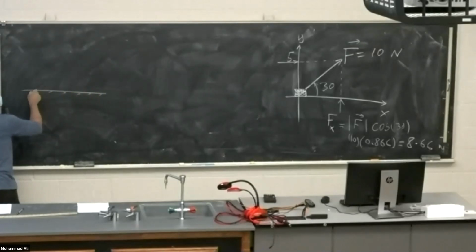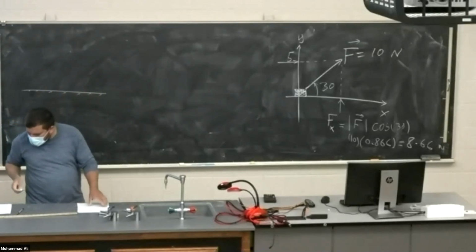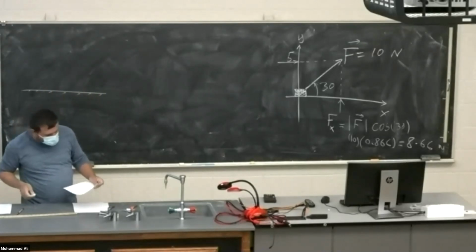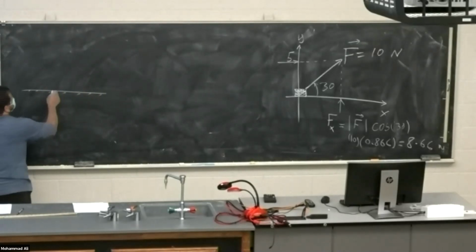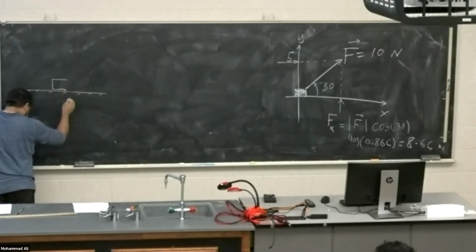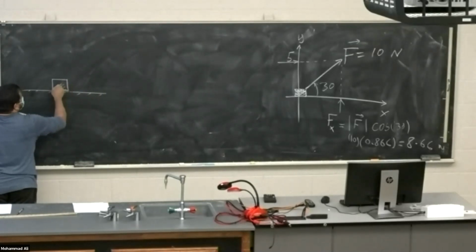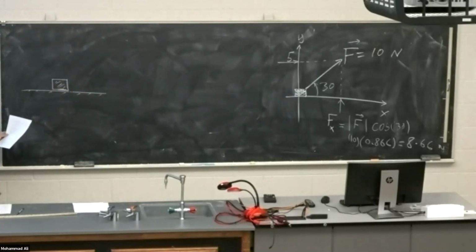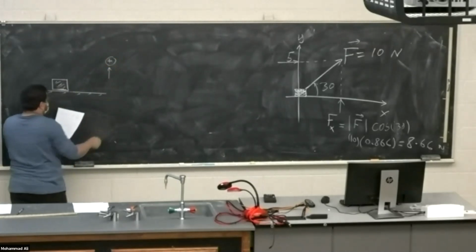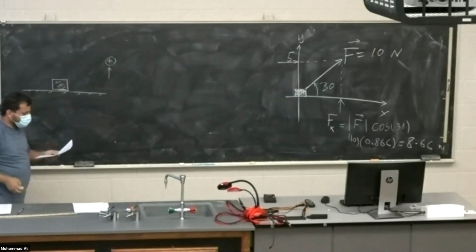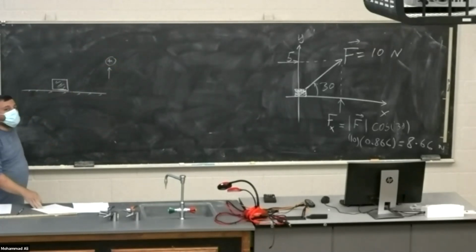What if I have an object here? Page number 3. This is the positive direction, the other is the negative direction. We will see later what is the weight.